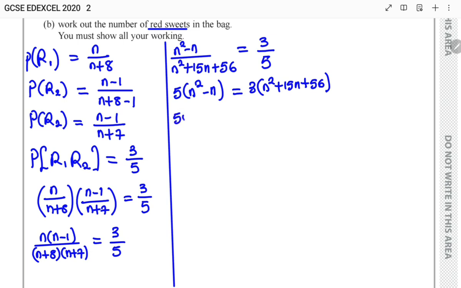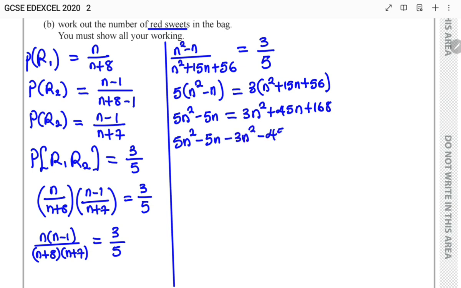Now this is going to be 5n squared minus 5n equals 3n squared plus 45n plus 168. Then arranging them, we are going to have 5n squared minus 5n minus 3n squared minus 45n minus 168. Okay, now everything is equal to 0.